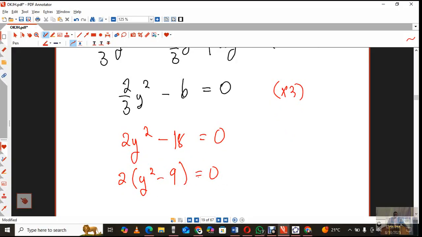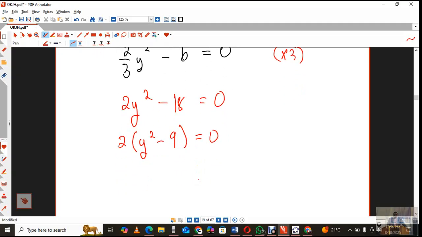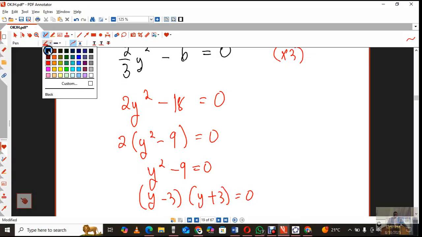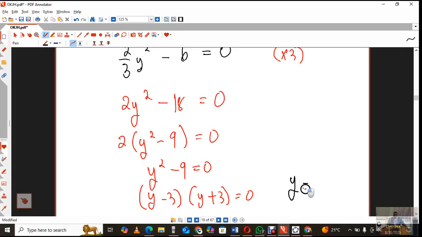Well, divide throughout by 2. That's just going to leave you with y squared minus 9 is equal to 0. This is the difference of two squares, if you still remember. So this implies that our value of y is positive and negative 3.